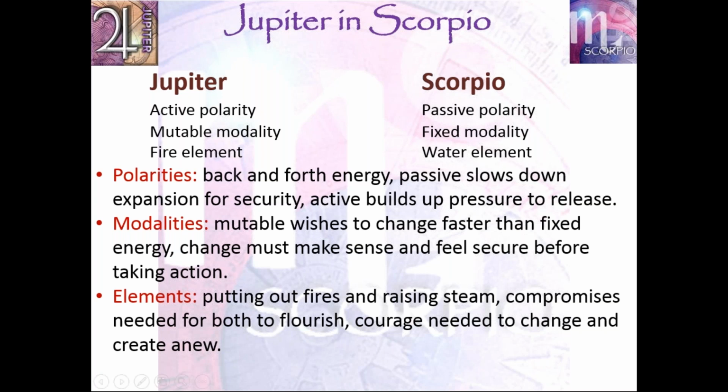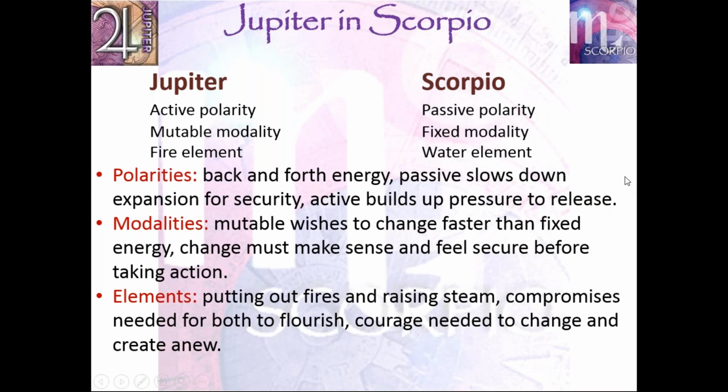Jupiter evolution will sometimes require courage to make changes and do something new. Fire is that sense of special destiny. It's spirit. It's the spark. And when we have that passive fixed water of Scorpio, this is a Scorpio word as well as a few other archetypes, we have to have courage and will to the depth of our soul in moving forward.